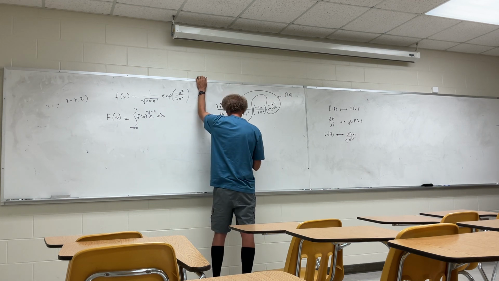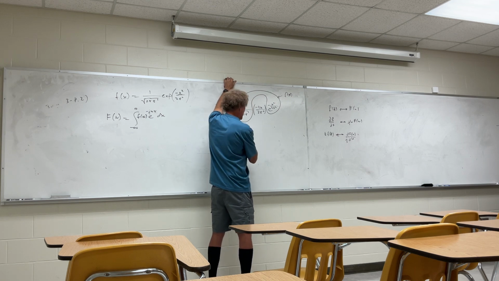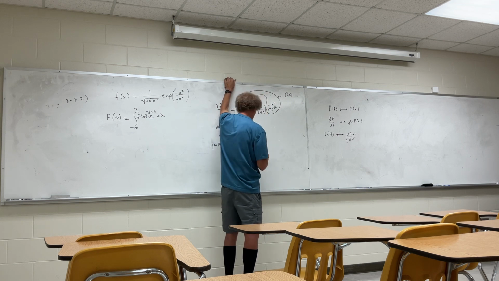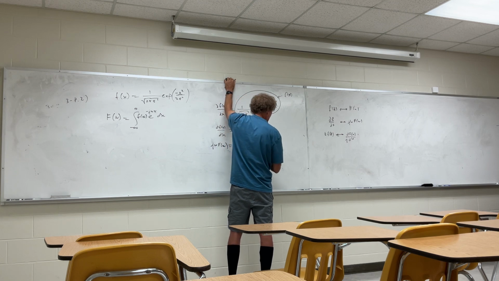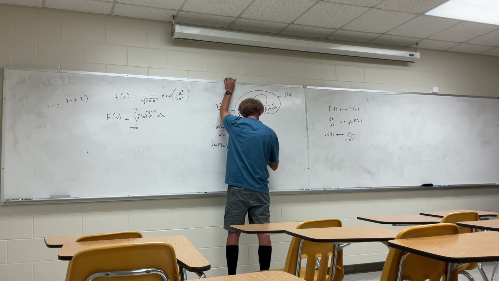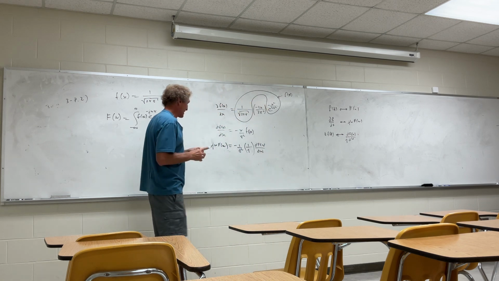On this side, you get minus 1 over sigma squared, and then we have x times f of x, or t times f of t. So then I get that 1 over j here, and I get dF of omega d omega. Now you can see this is getting already a little irritating. Correct, class?